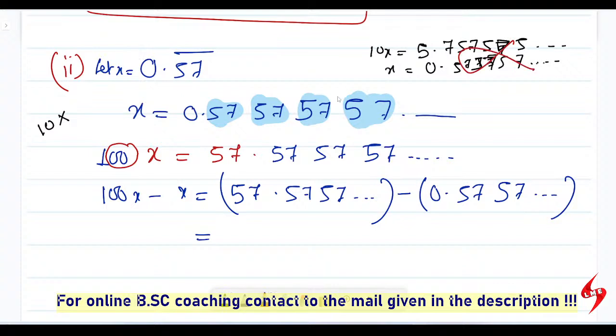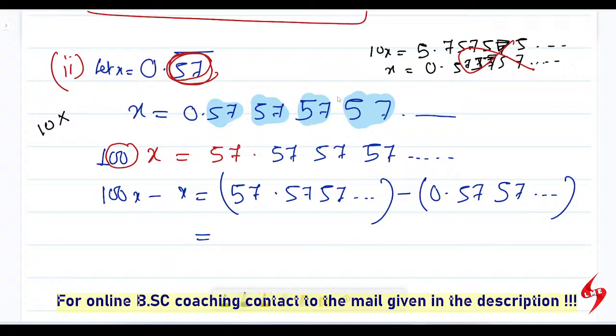Always remember the length of the period corresponds to the number of zeros after 1 that I am multiplying x with.